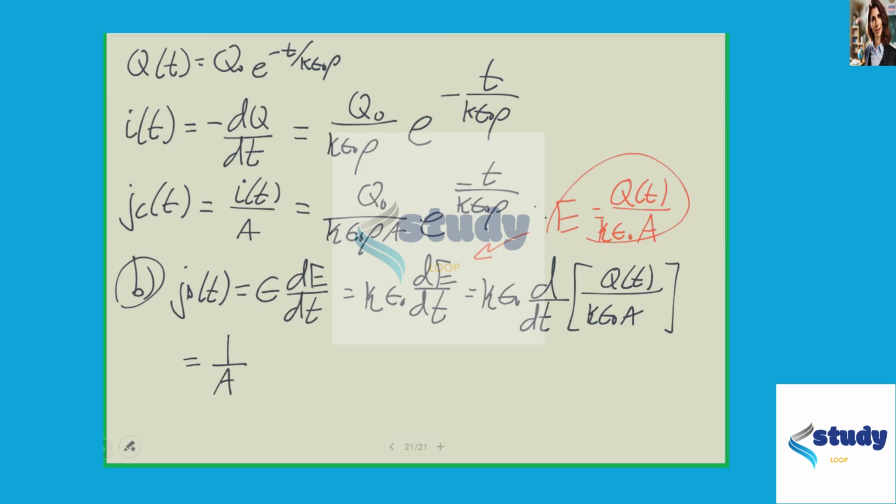So this just becomes 1 over A times dQ/dt. But then dQ/dt is minus I over A, which is minus the conduction current. And that's the full solution to the problem.